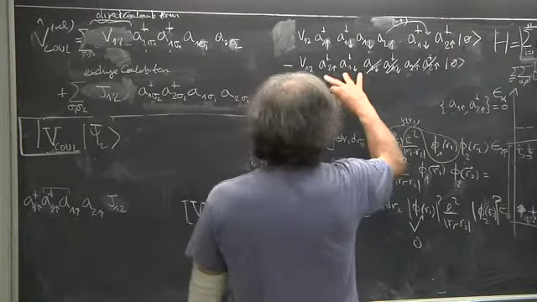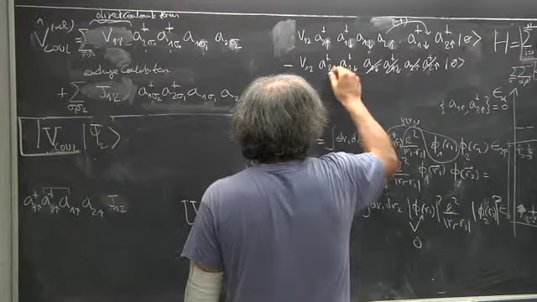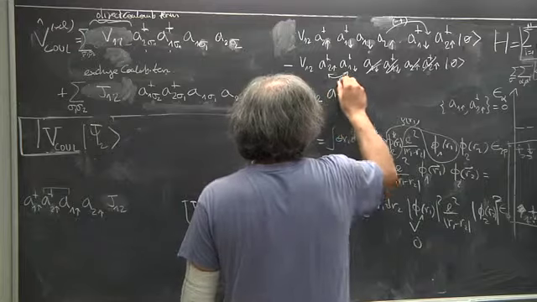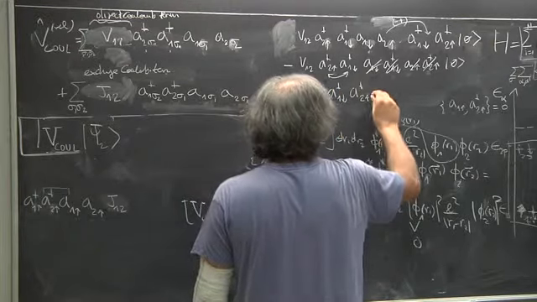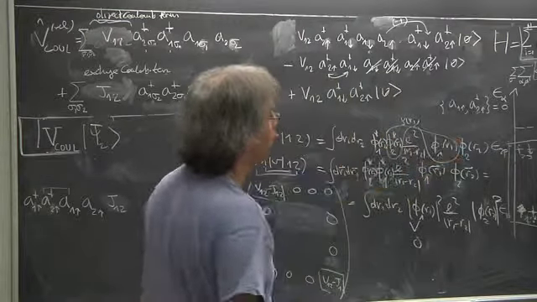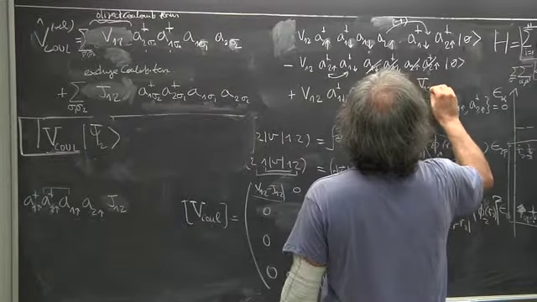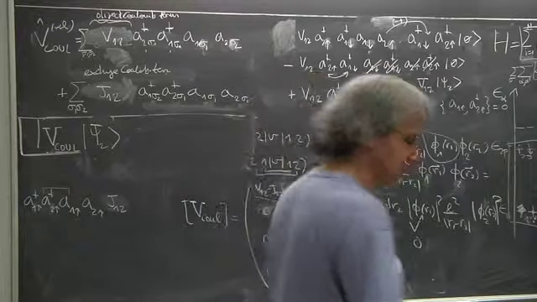So I have to pay another minus sign in order to exchange these two. And I write it plus V12, A dagger 1 down, A dagger 2 up, vacuum. In this form, it's perfectly psi2. So this is equal to V12 psi2. Good. This is the first piece.